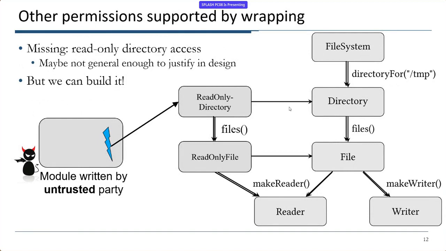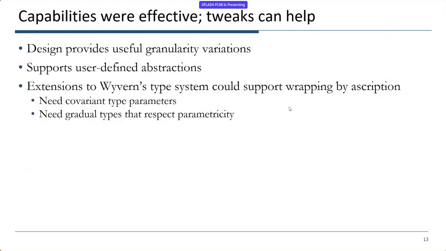You could just cast it to a different interface, right? One where files return read-only files, and read-only file is a version of file that is just missing the make writer interface. So that would make things a little more efficient, which might be helpful if these things end up in the inner loops of functions and so on.